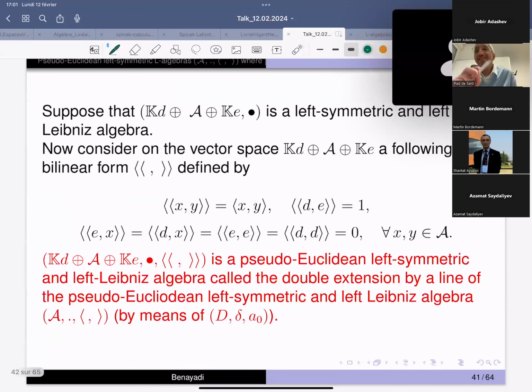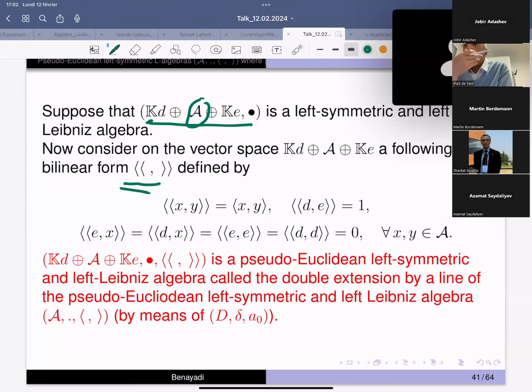In this case, in this algebra, we can define this bilinear form. With this bilinear form, we have a duality between D and E, and the vector space spanned by D and E is in the orthogonal of this one.